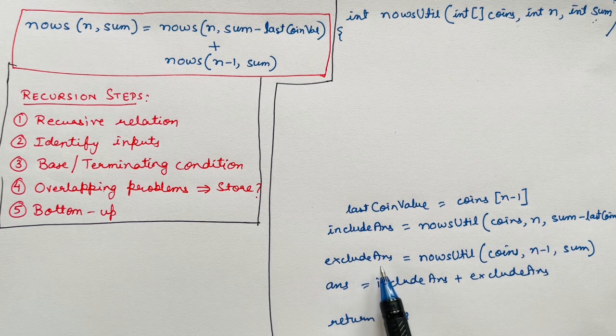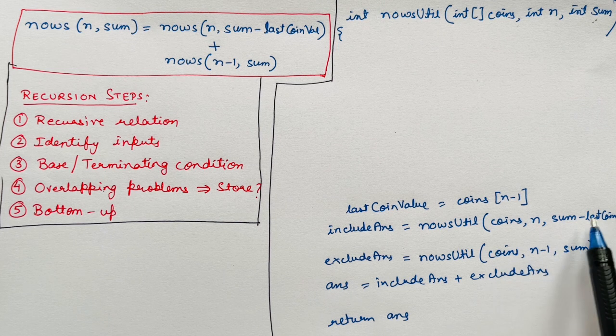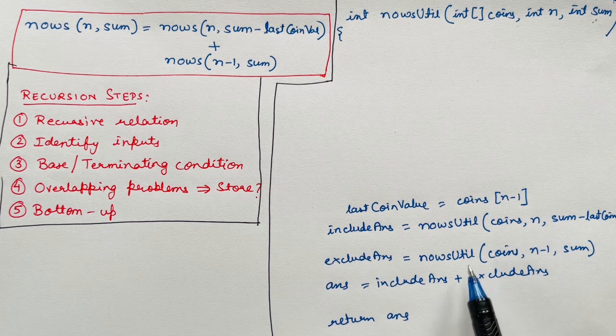And similarly, our exclude answer, where we don't include even one coin of the last coin, it will be NOWSUtil coins n minus 1 comma sum. That means form sum using only the first n minus 1 coins. And here it means form this value using n coins. And our final answer will be the sum of the two, so we will return it.